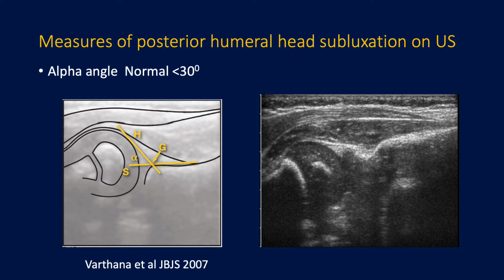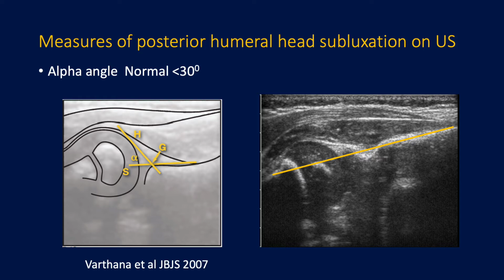Measures of posterior humeral head subluxation have been developed and validated. One of the measures which assesses the degree of posterior subluxation is the alpha angle. The alpha angle is calculated from a line drawn over the right reflector of the scapula, as shown here, through the bony prominence of the bony margin of the glenoid.